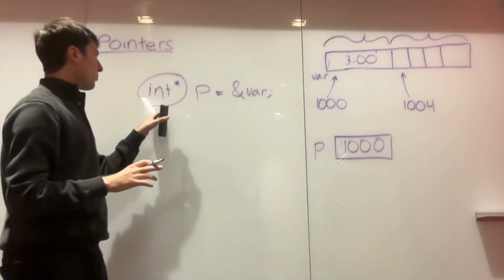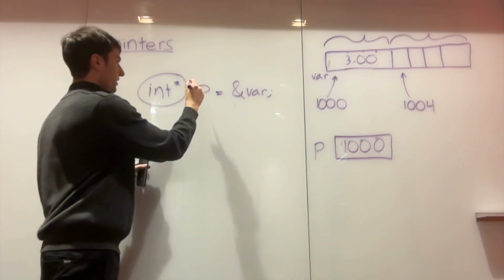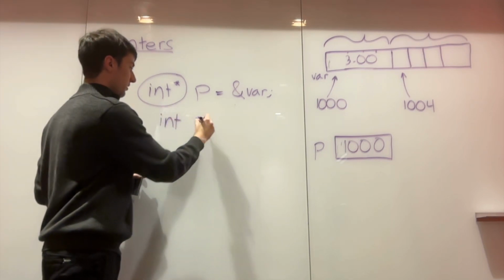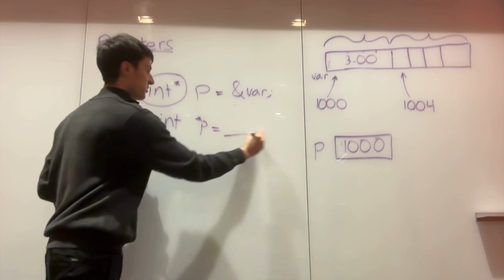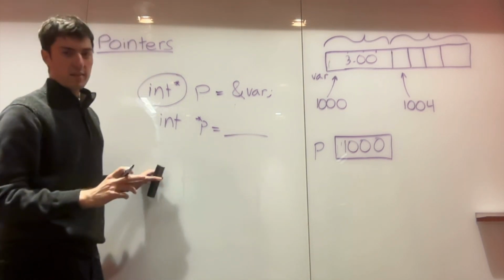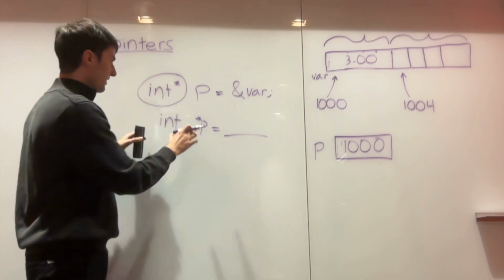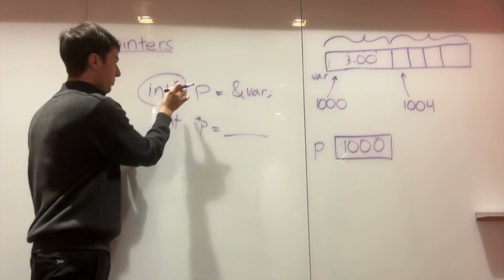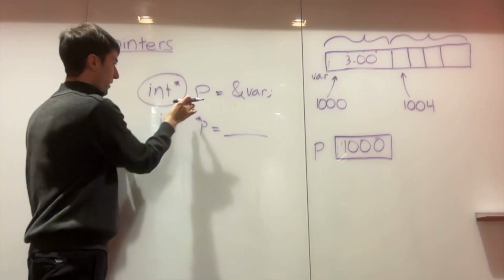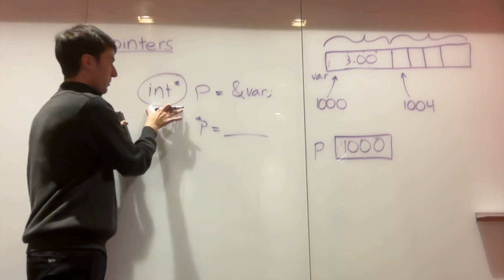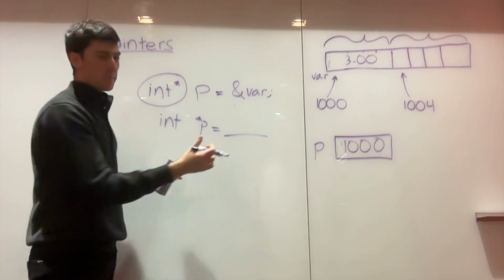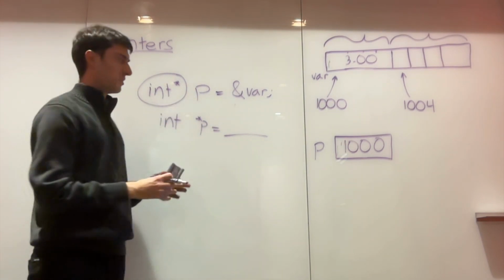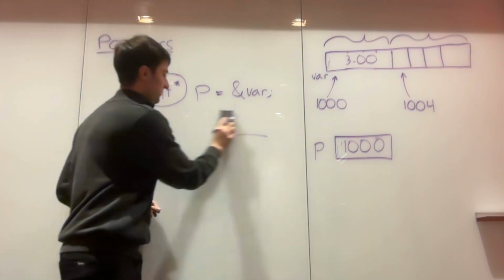Sometimes people will put the star next to the p here, and they'll do something like this, int, and then like that, equals. I don't like that really, personally, because I like the idea that this is one entity. It is a declaration, a pointer declaration, and that pointer is of type int. That's what it means. A lot of people like to do it this way. I don't really like to do it that way just because I don't think it's very consistent and I don't think it's accurate, but some people do.